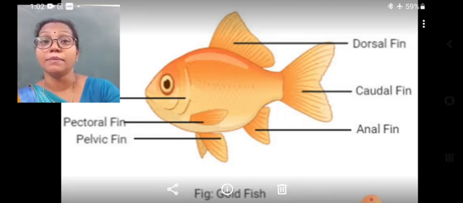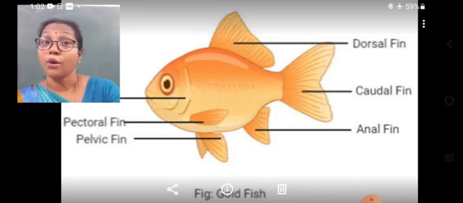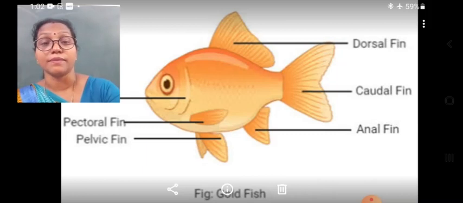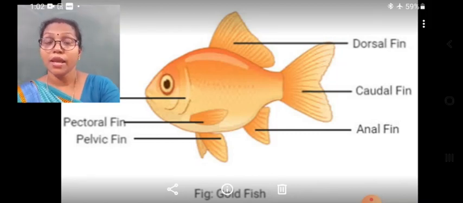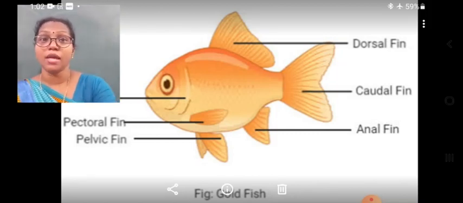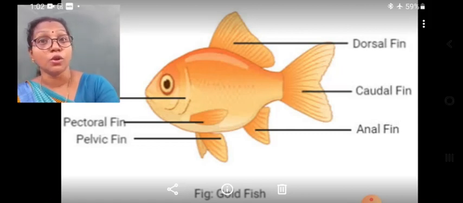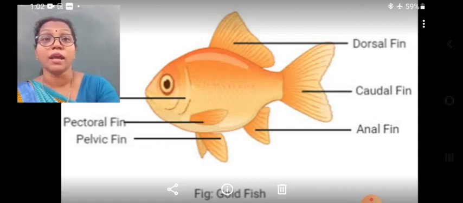They also act as brakes. That means when the fish is swimming very fast in the water and a predator comes to catch or eat it, suddenly it will stop, turn its direction and hide somewhere. So these fast movements are made with the help of these fins and muscles.